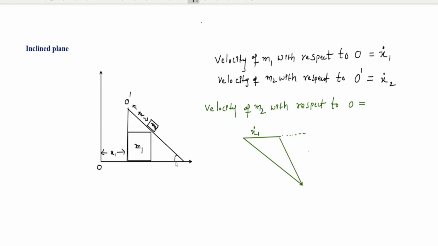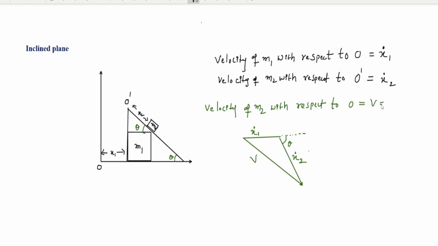It is better to give here, this one is theta, this one is also theta, and this is the velocity x dot 2. The velocity of M1 with respect to O is x dot 1, with respect to O prime is x dot 2. So the sum of these two velocities is, this is our rough diagram to get this information. These points are very important to find the equation of motion of the inclined plane.